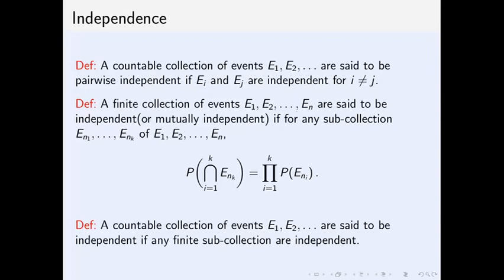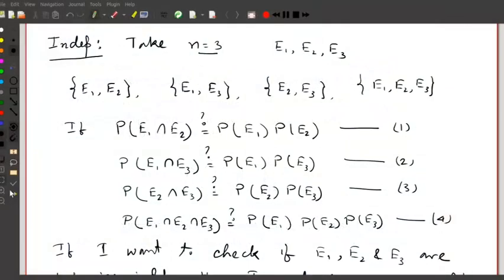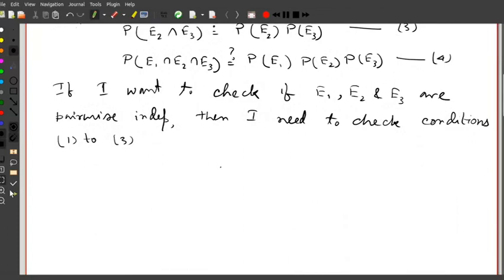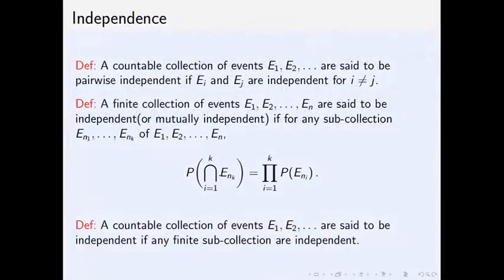Okay, so you see that it is very clear now. Well, I come to this point later. Before that, maybe we talk about when we say that a countable collection of events are mutually independent or not.